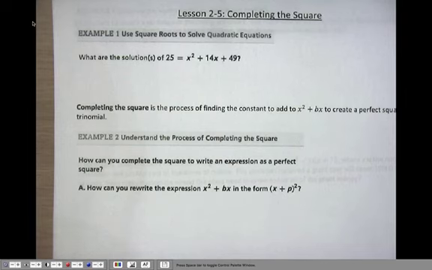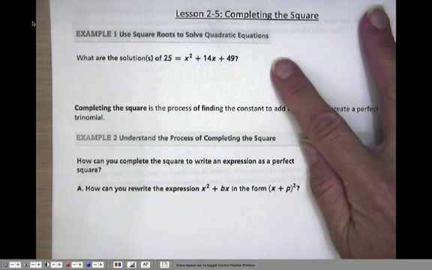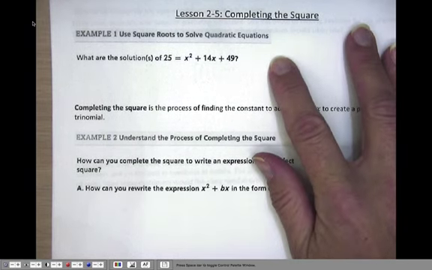In this lesson, we're looking at not necessarily another form of a quadratic function, but another way that a quadratic equation could be solved. In example 1, the instructions say to use square roots.